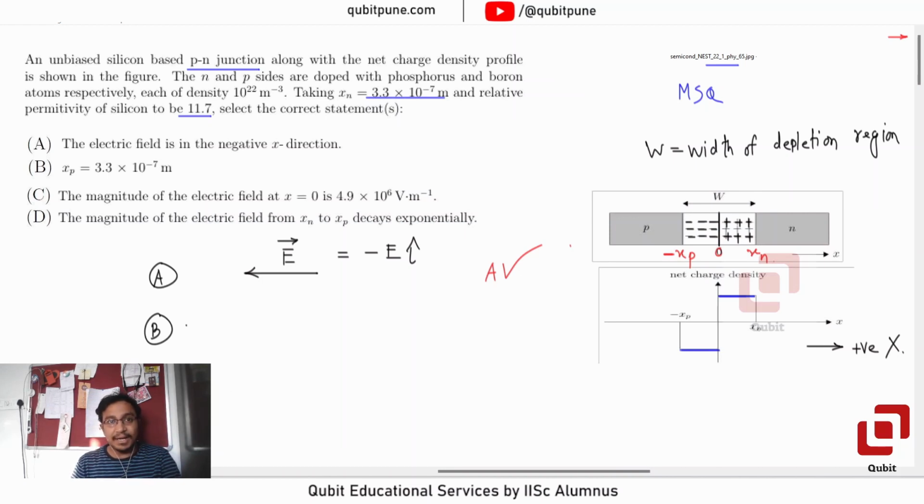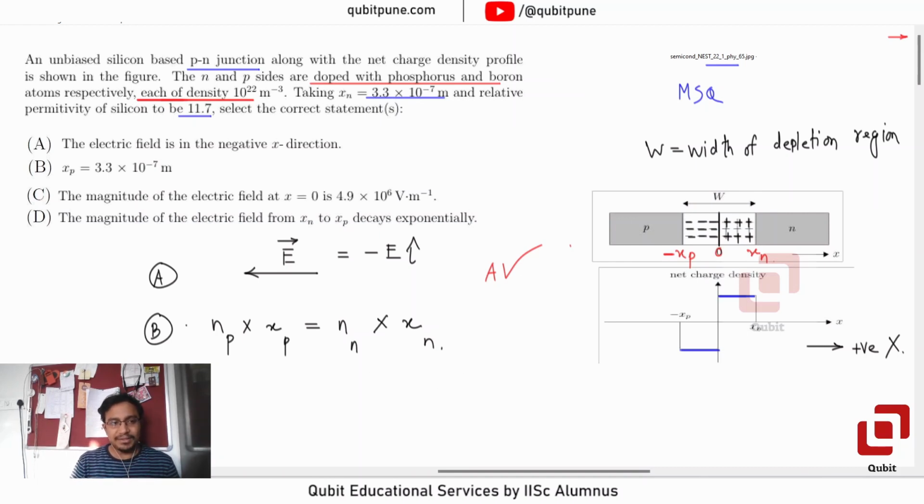They have said that the amounts of doping are the same. So we can put it like this: the charge concentration of P doping into the width of the depletion region on the P side should be equal to the amount of doping in the N type into the width of the depletion region on the N side.